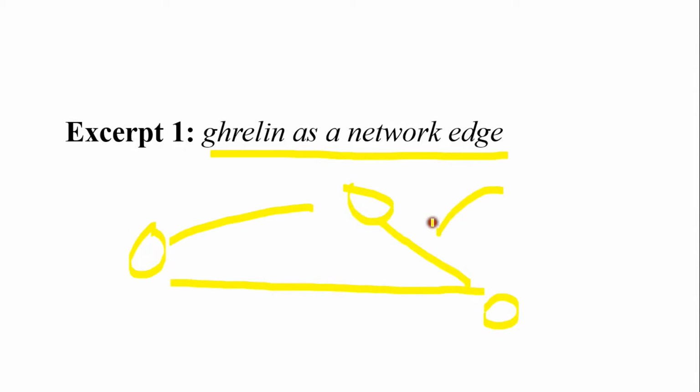This connection means that somehow this node can influence that node, and here we have three players: the stomach, which is the site of production of Ghrelin; the hypothalamus, which is a place in the brain that controls very important functions of the body, such as metabolism and appetite; and finally the pituitary gland, which is a twin gland that exists below the hypothalamus, and has very important functions to control other glands in the body.